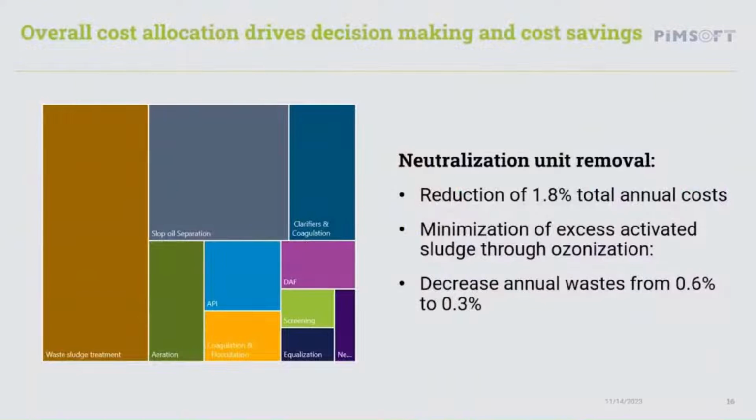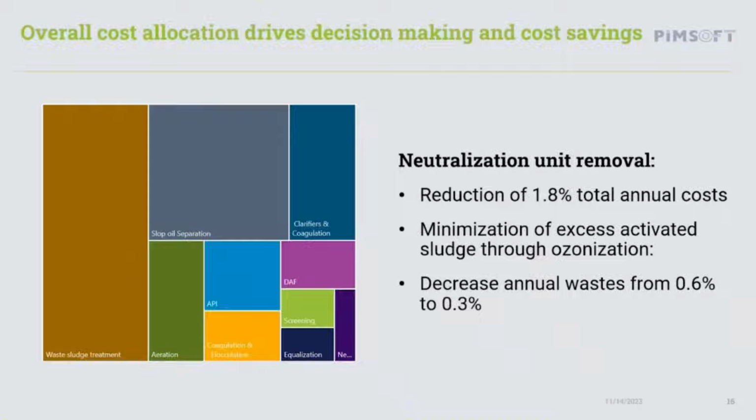So before we have shown figures for the overall balance. Here instead we show the cost allocation by quantity center. As you see, the highest costs of the plant are related to the waste sludge treatment and the slop oil separation units. The significant impact of mass balance that we have seen in the previous slides has translated into a 1.8% reduction of total annual costs.